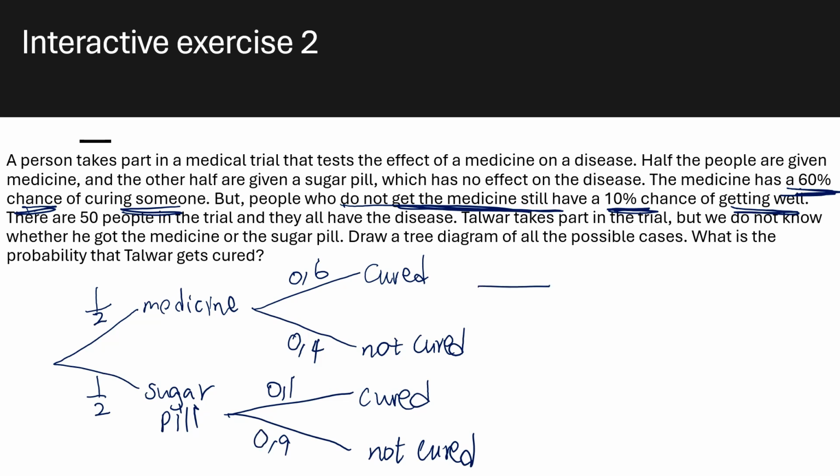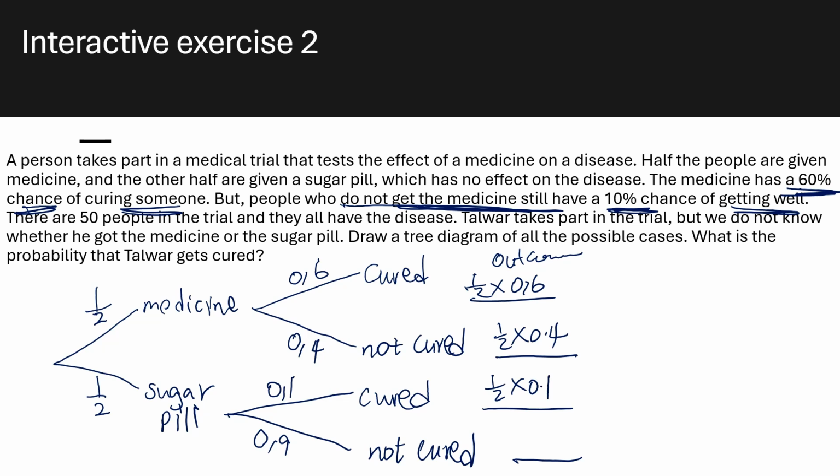Then you can just show your outcomes of those events. So that will just be 1/2 times 0.6, this is 1/2 times 0.4, this is 1/2 times 0.1, this is 1/2 times 0.9. Okay, so those are the outcomes.